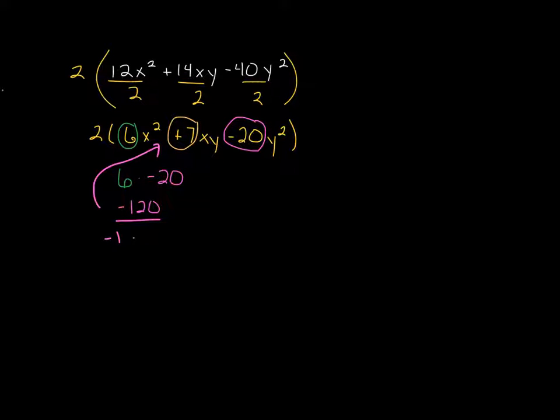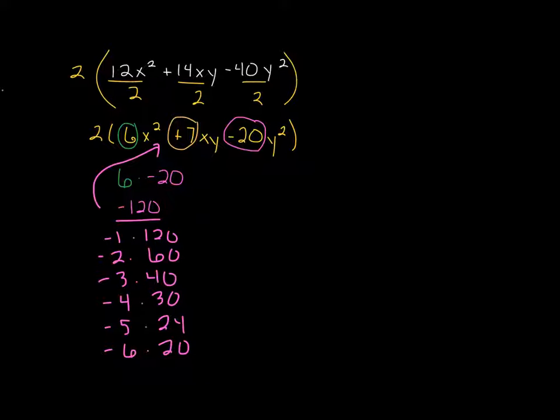So negative 1 times 120, negative 2 times 60, negative 3 times 40, negative 4 times 30, negative 5 times 24, negative 6 times 20, negative 8 times 15, and negative 10 times 12.